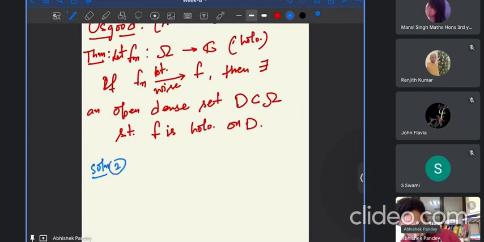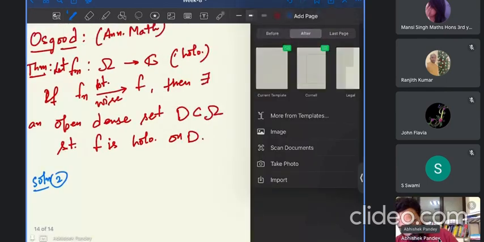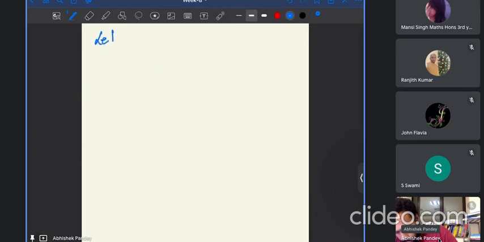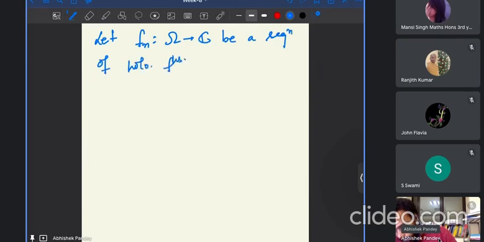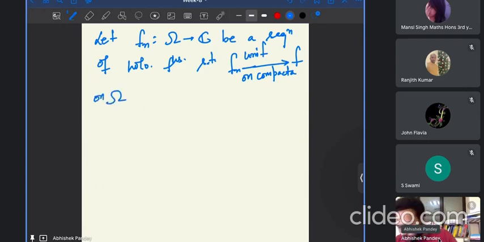So I will go to the next page. So let Fn: Omega to C be a sequence of holomorphic functions such that Fn converges to F uniformly on compacta on Omega.